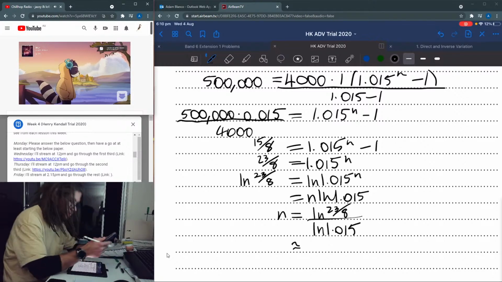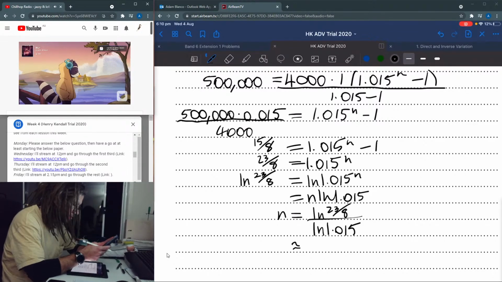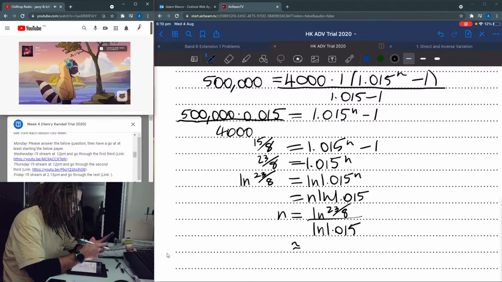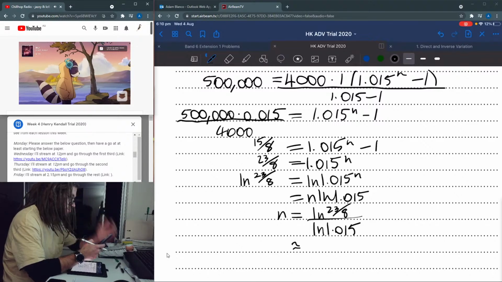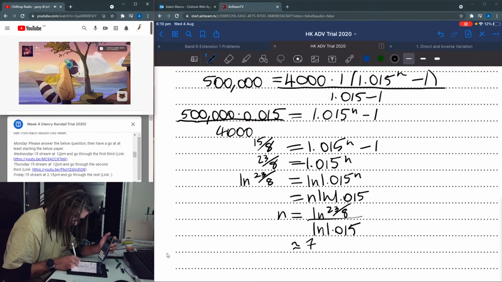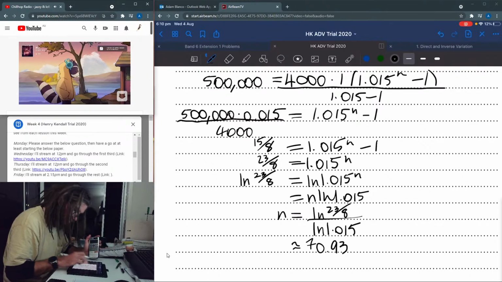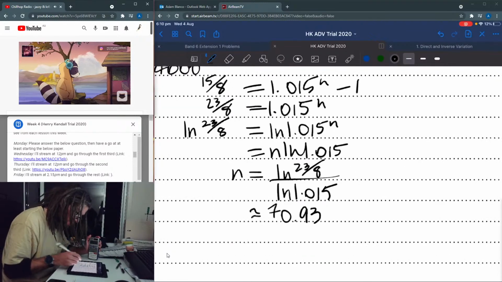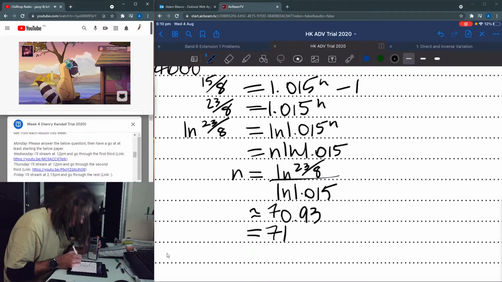And that's around about equal to ln 23 on 8 over ln 1.015. I get 70.93. Okay, what does that tell me? What was the question? How many full months? Okay, so I need 71 months to get there.